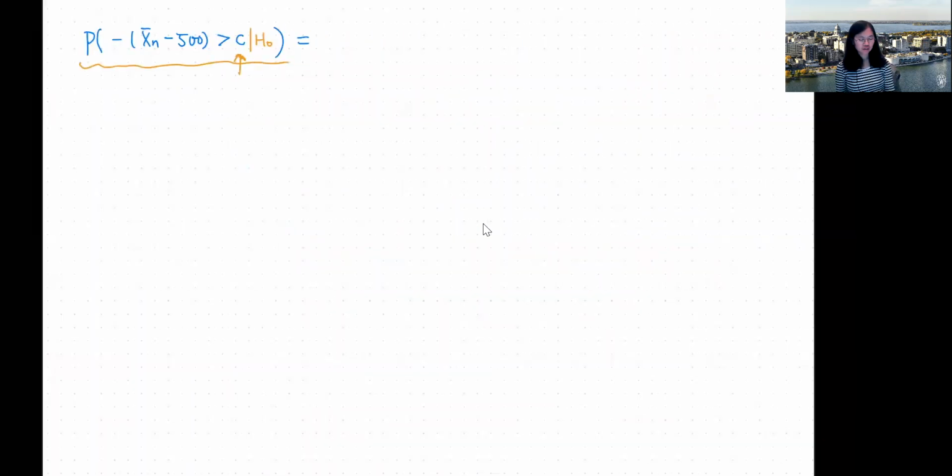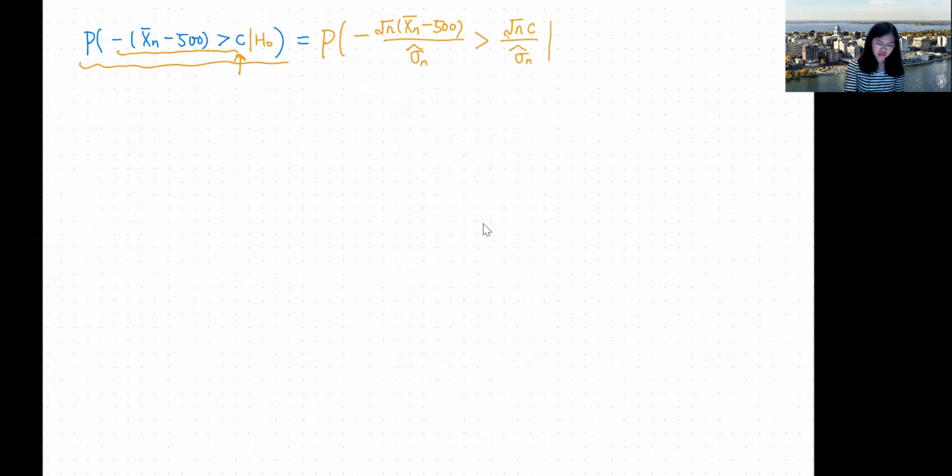So let's try to work on this probability and see what it leads us to. This event is the same as the event that root n times Xn bar minus 500, divided by the sample standard deviation, is greater than C times square root n divided by sigma n hat, given that the null hypothesis holds, which is mu equals 500.